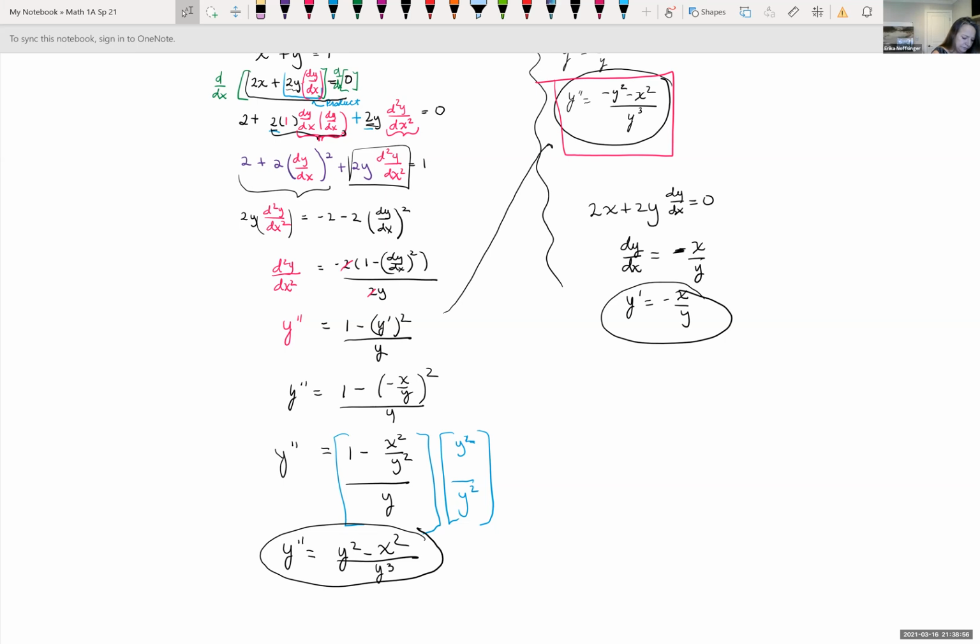Let me find it. Okay. Here's my negative I lost. Let's distribute that negative. So this is negative now 1 plus negative y squared. Maybe I just copied it down from the back of the book, so let me look at that too.